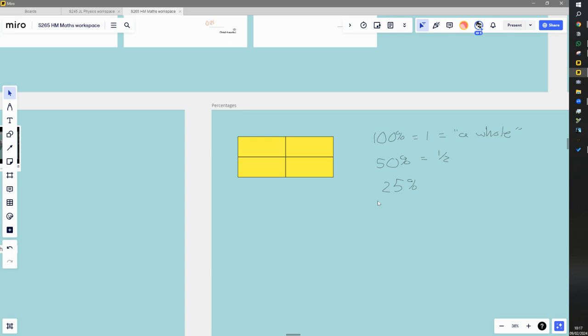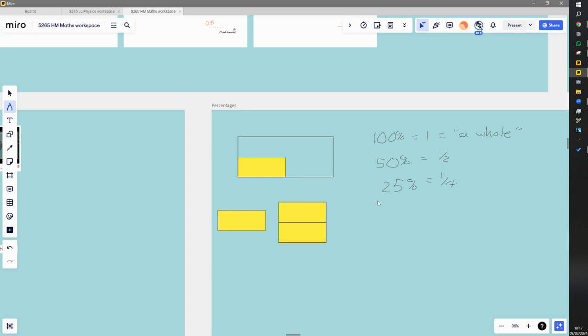So if that is 50%, then that must be 25%. And so we can see 25% is a quarter, and so on and so forth.